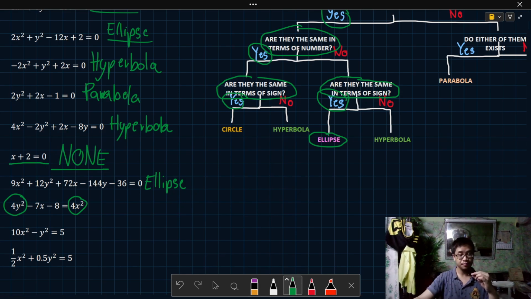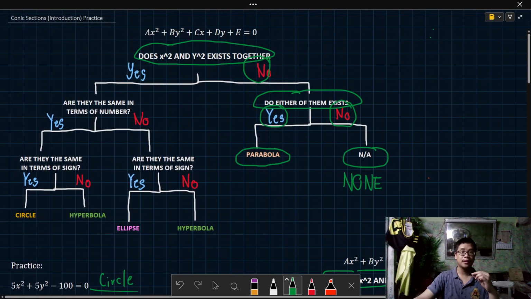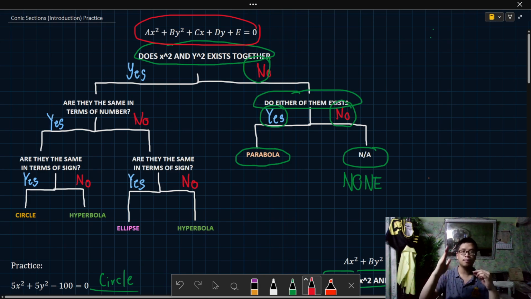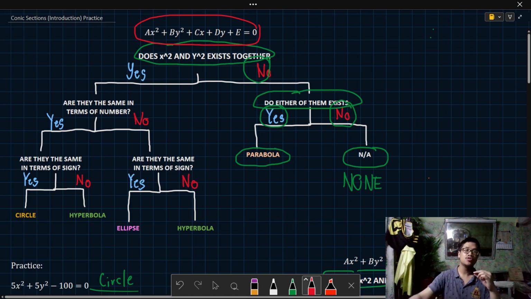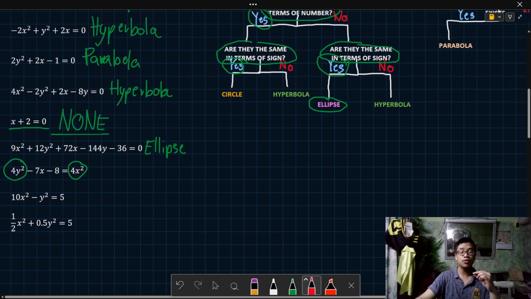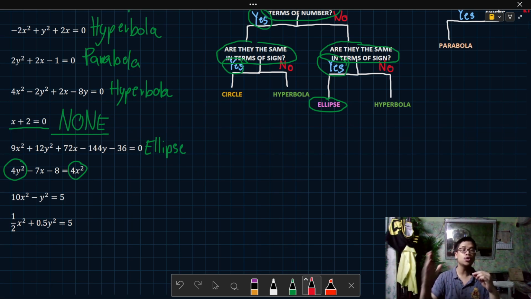But remember that we are basing on the formula Ax squared plus By squared plus Cx plus Dy plus E is equal to 0. In other words, all terms must be grouped on one side, as much as possible. When you group all terms on one side, you will know if this is generally a circle, parabola, and so on.